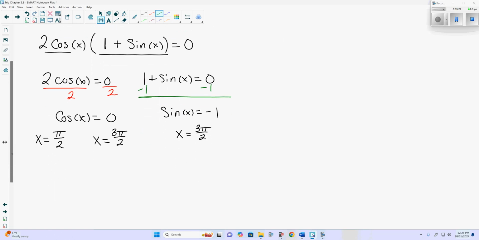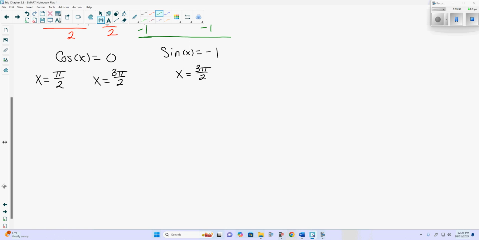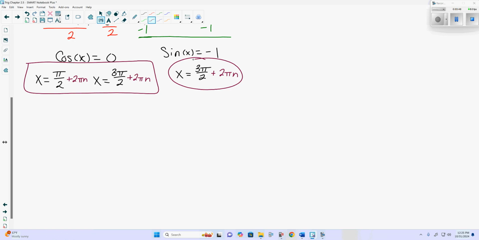Now it did not tell us that our angle is restricted from 0 to 2 pi, so that means we have to add the 2 pi back in to include every coterminal angle. So these here are our 3 answers. Well, technically 2, because the 3 pi over 2 is repeated in both, so we just need to list it once. But that's it. Questions on this here?